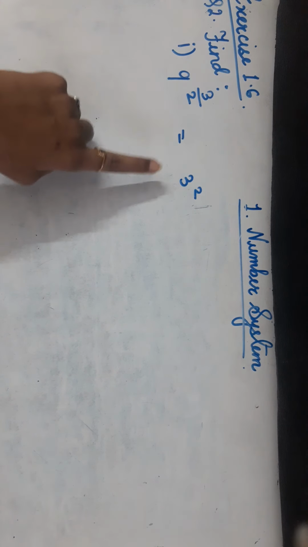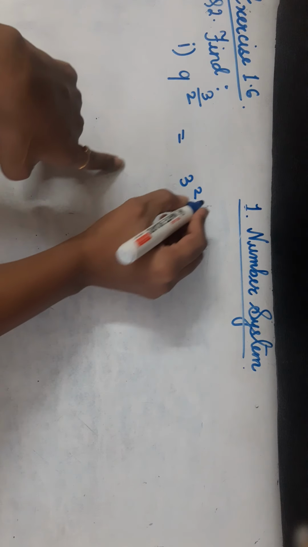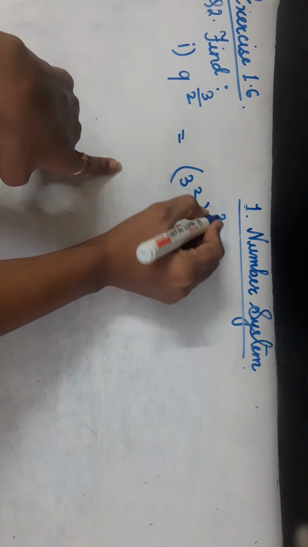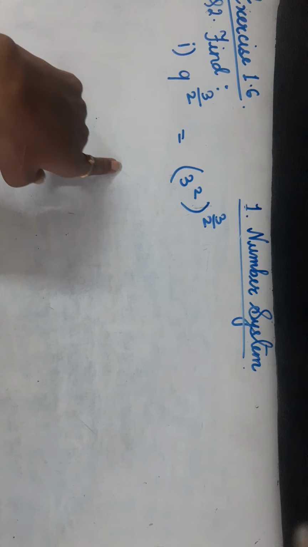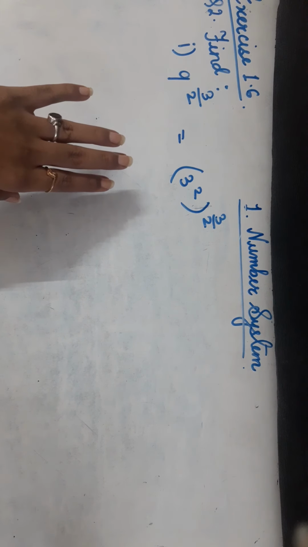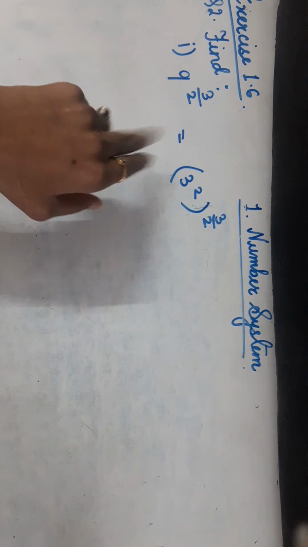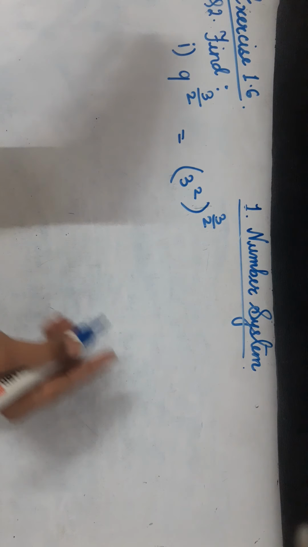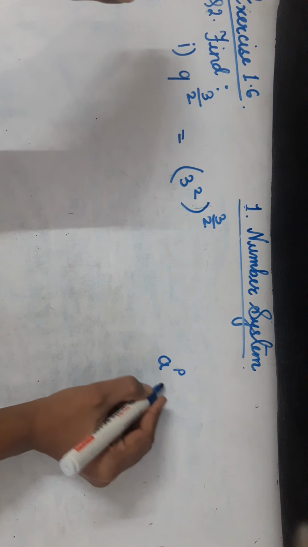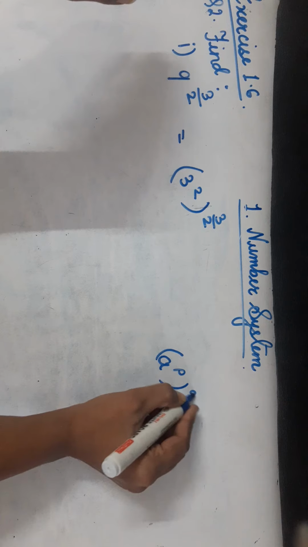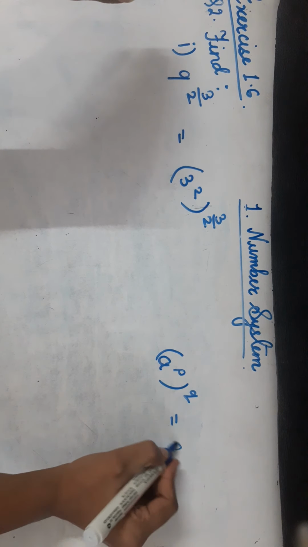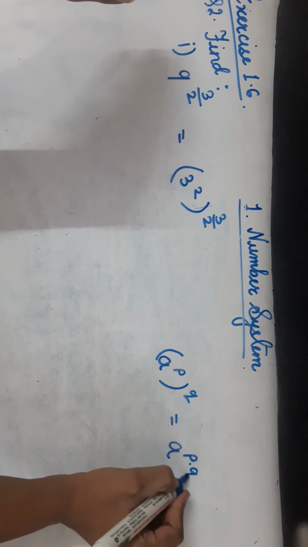Okay, we wrote 9 as 3 square, and now 3 raised to 3 by 2 as it is. Now if you see, this is of the form a raised to p whole raised to q. What was the law? A raised to p whole raised to q gives us a raised to p into q, right?